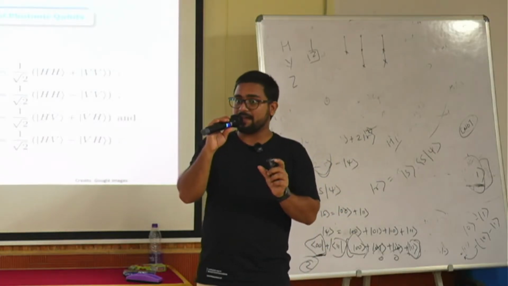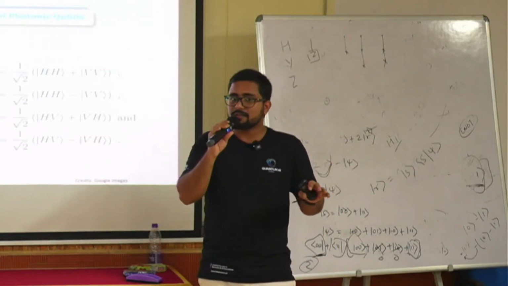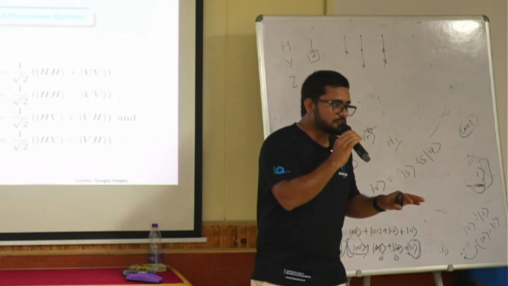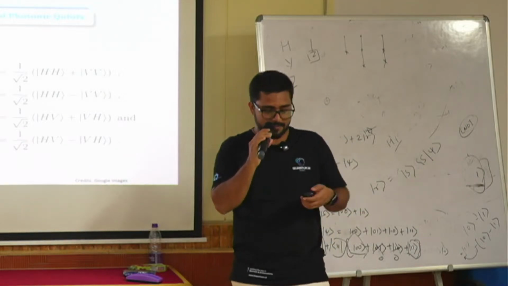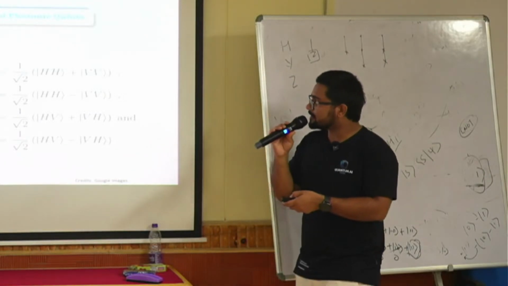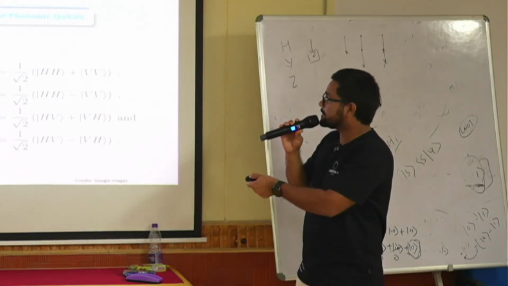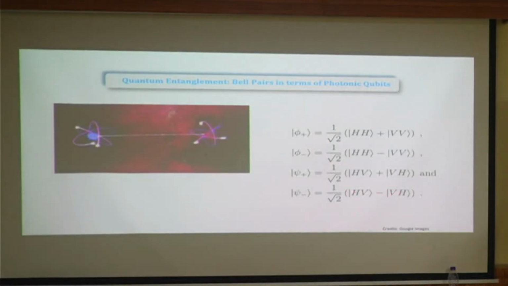By using a combination of those, you can manipulate the qubits. That's the beauty of photonic qubits. The Bell pairs in terms of photonic polarization are HH plus VV, HH minus VV, HV plus VH, HV minus VH.